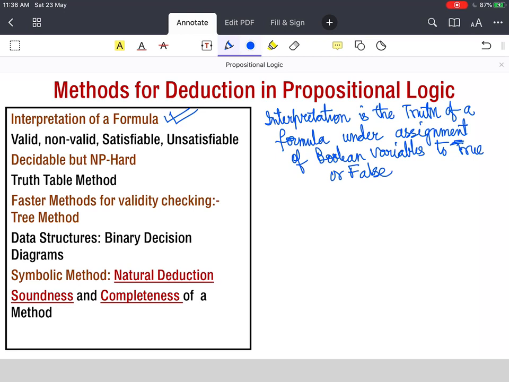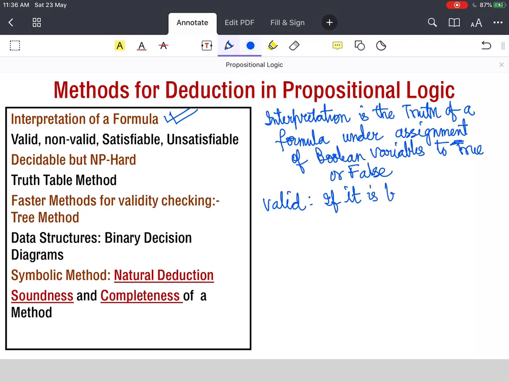So given a set of Boolean variables, once we know whether each of them is true or false, then we can determine the value of the formula. And once we know the value of the formula, which is true or false, that will give us an interpretation.